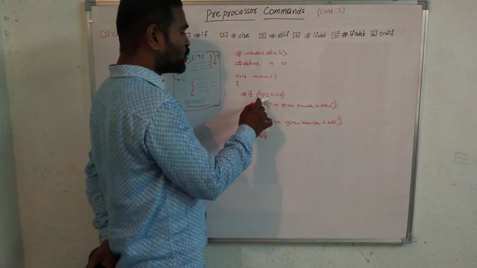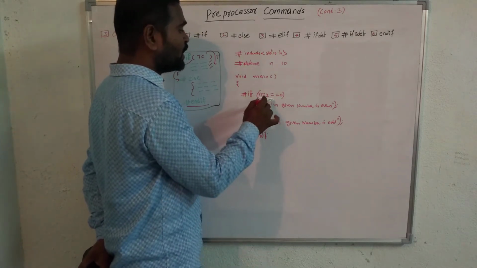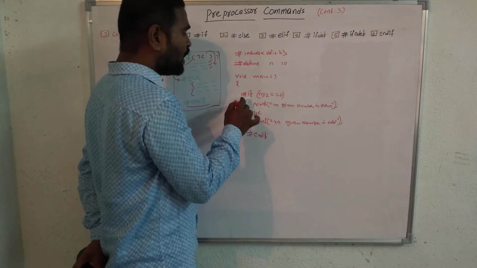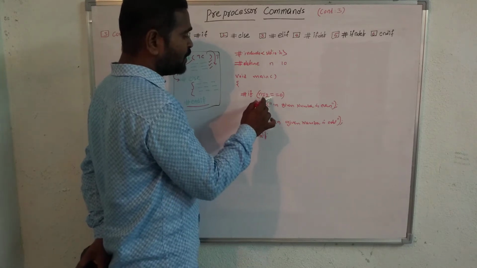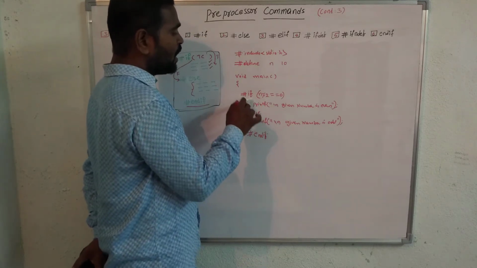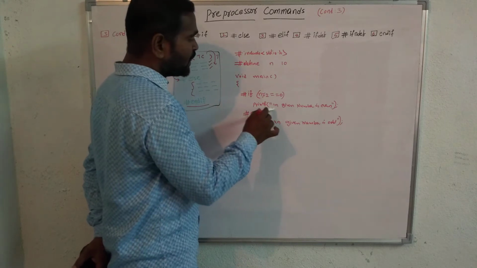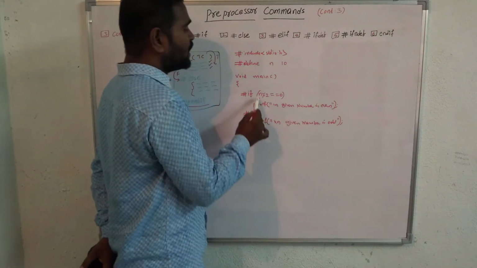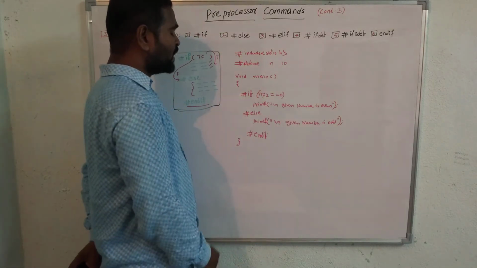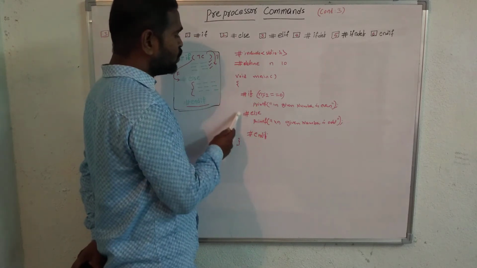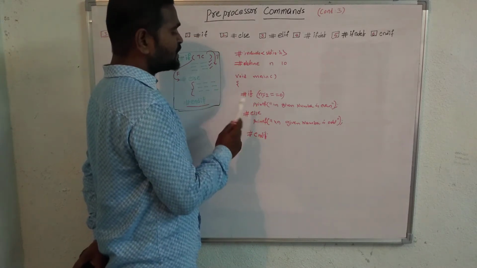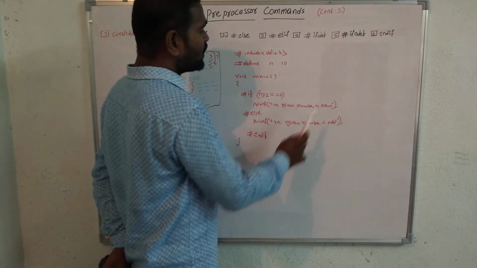If it is true, then only the block of statements under the if condition is entered, so the given number is even. If this condition is not satisfied, it immediately goes to execute the else statement: the given number is odd.